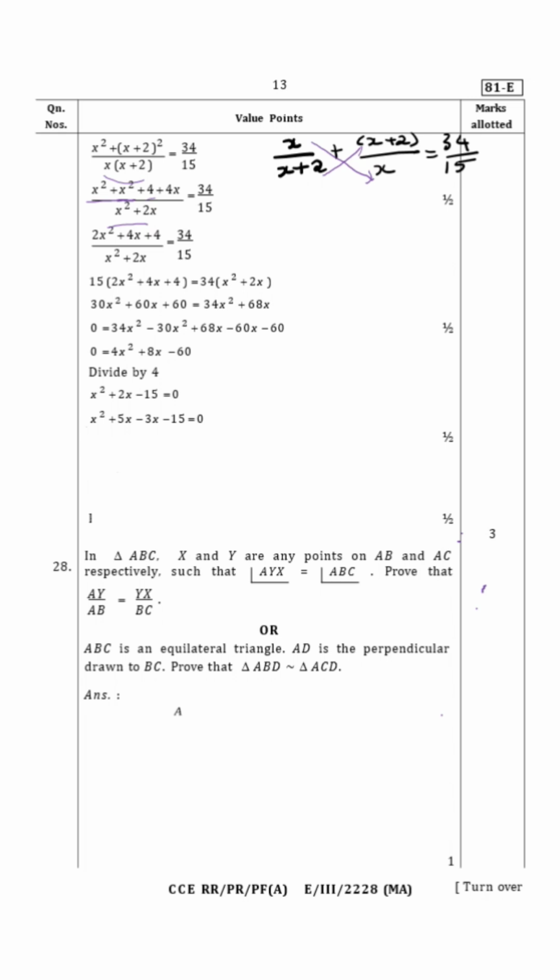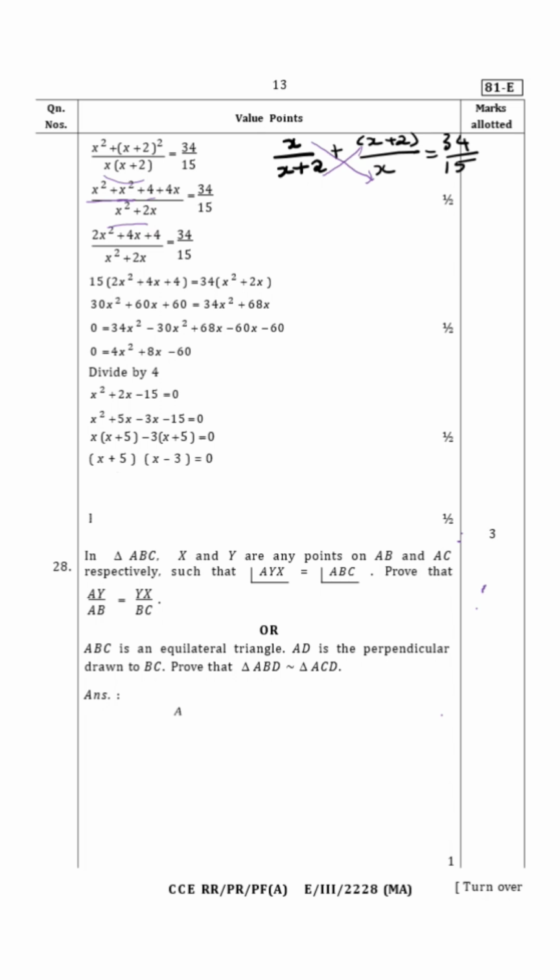Here in this group x is common, in this group negative 3 is common. So x into x plus 5 minus 3 into x plus 5 is equal to 0. So now we have x plus 5 into x minus 3 is equal to 0.